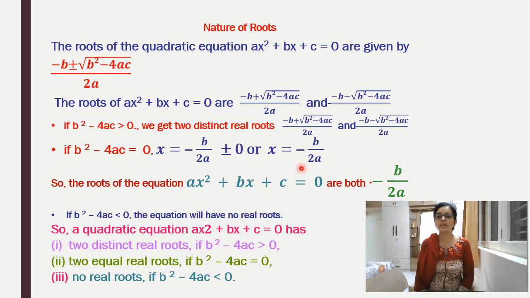So what is remaining? The remaining is minus b upon 2a. So this is the value of the roots, and as we know there are two roots, it means both the roots will be equal, and we can get the roots using the formula minus b upon 2a. The discriminant part has vanished when the discriminant is equal to 0.